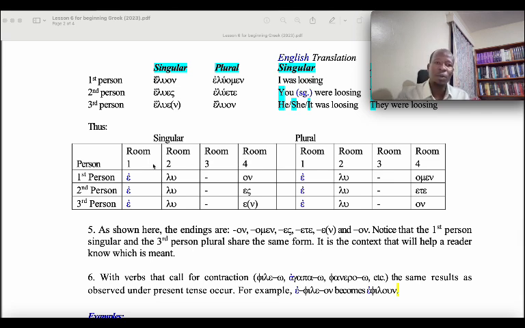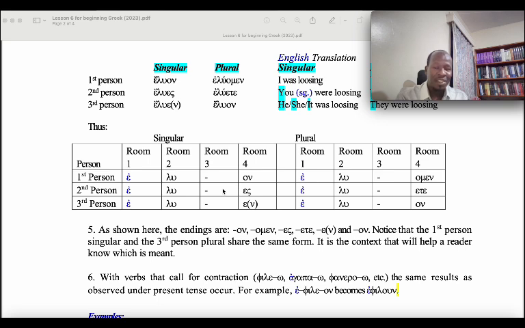So, for example, here in the imperfect indicative active form, room 1 will be occupied by the augment, that is an epsilon, and then room 2, as is common for all kinds of tenses, will be occupied by the stem, and for us the stem here is lu, and room 3 is supposed to be what?